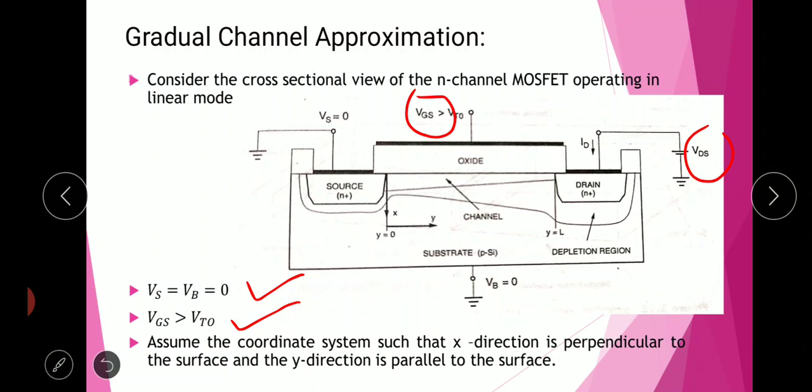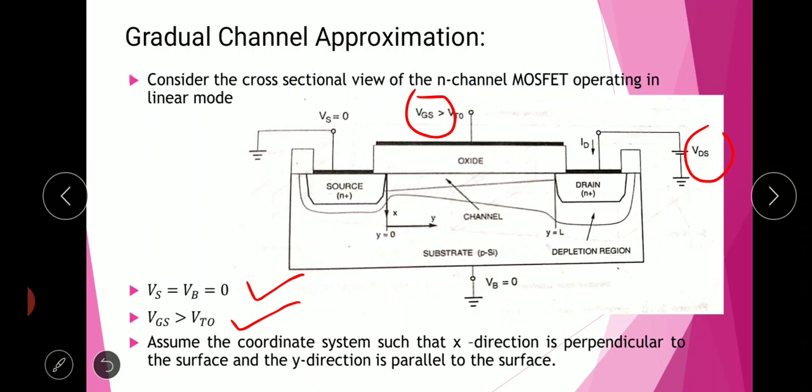controlling the drain current. Next, we assume the coordinate system in this structure such that the x direction is perpendicular to the surface, and the y direction is parallel to the surface.